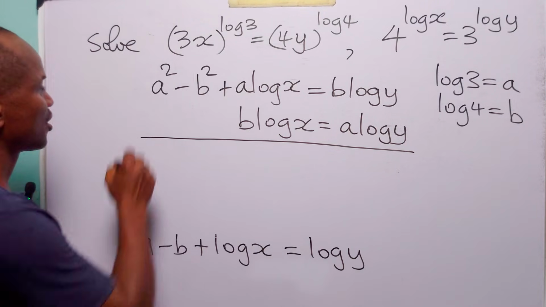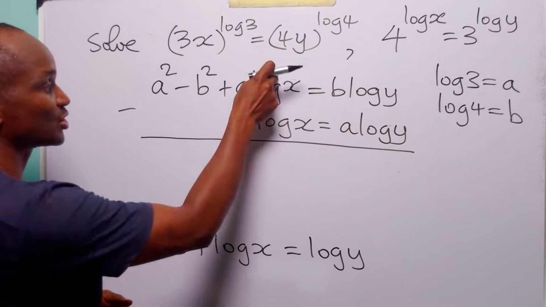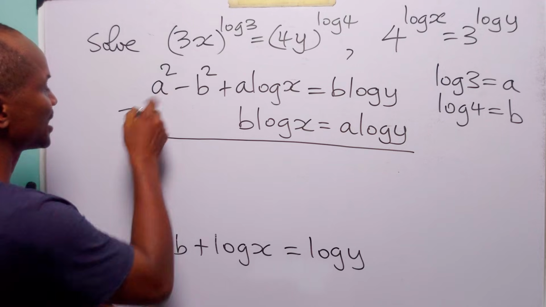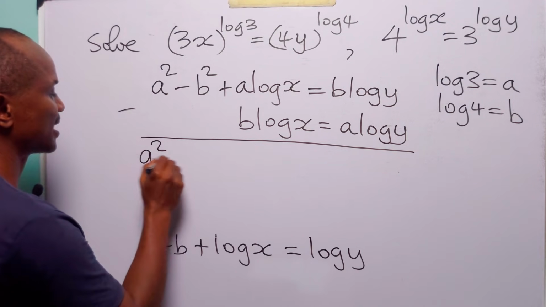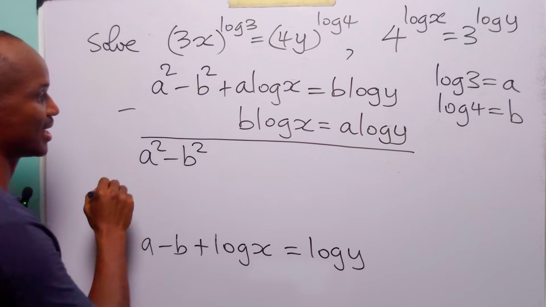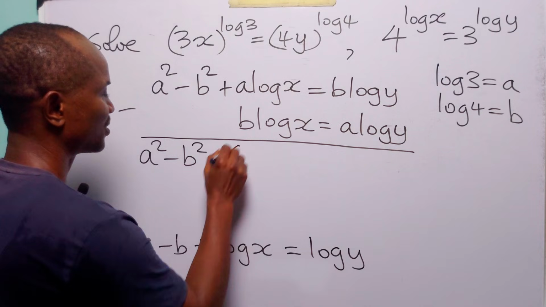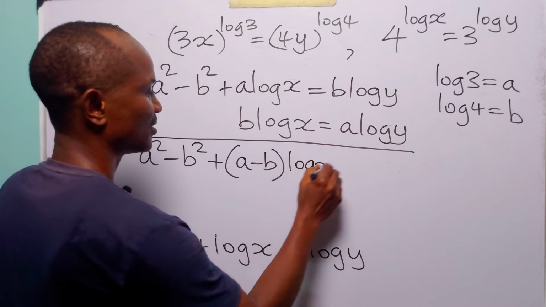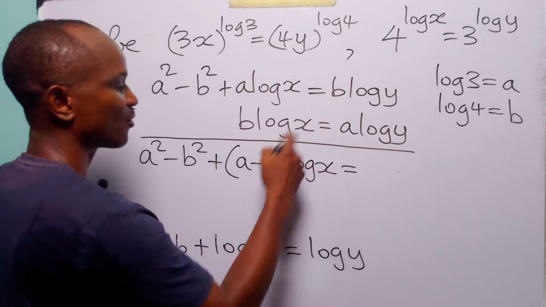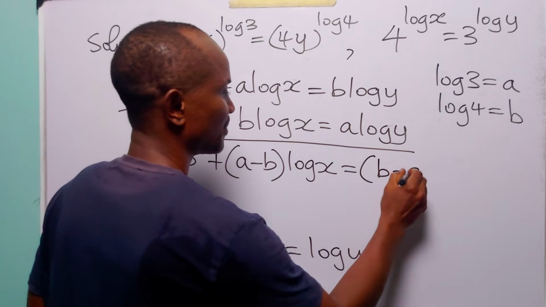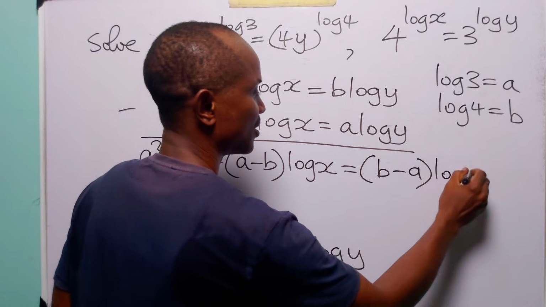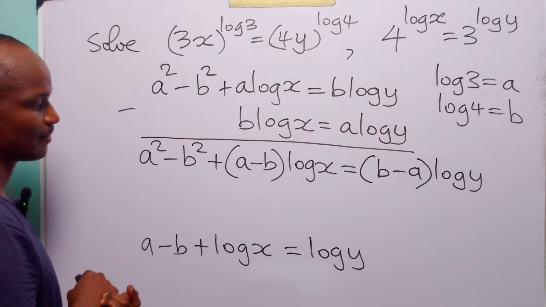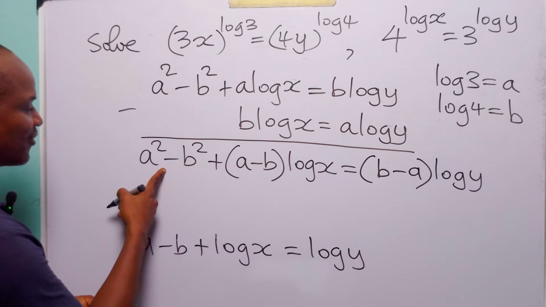Now, in the same way, when we subtract this second equation from the first equation, we have A squared minus B squared. Here we have plus (A minus B) times log x. And this is equal to (B minus A) times log y. Once more, we factorize this.